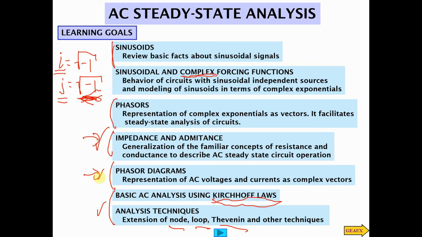Another thing, what is this good for? Why don't we always just use DC? Why are we even fooling with AC? Well, if you're into power electronics, power transmission, this is necessary. It's how our entire electrical grid works.